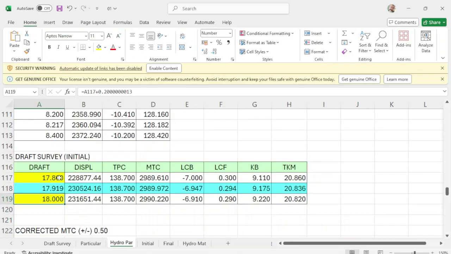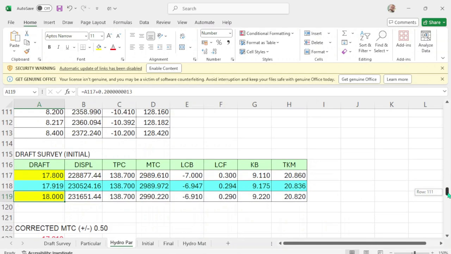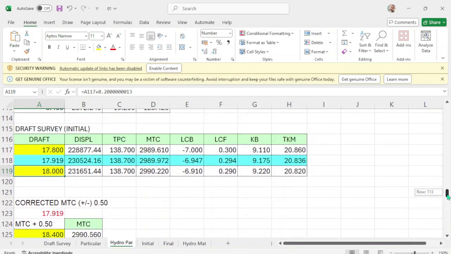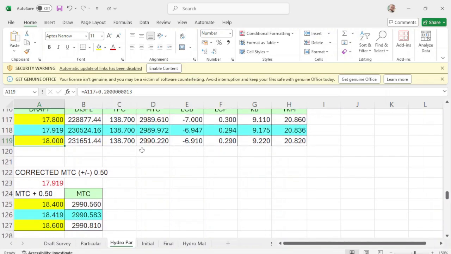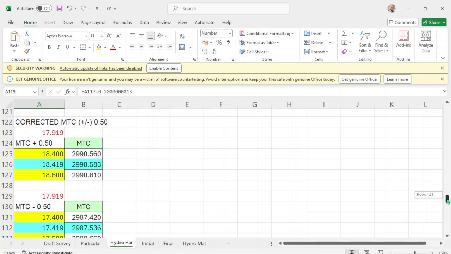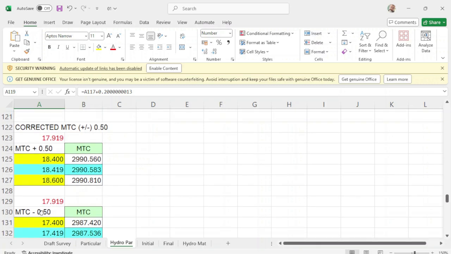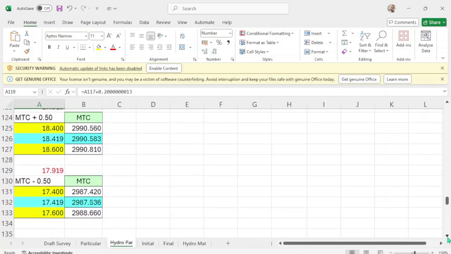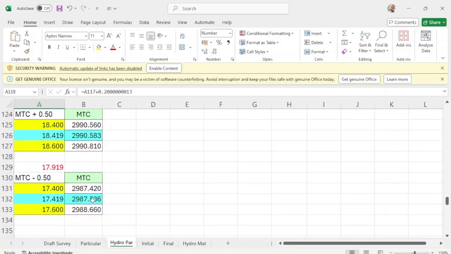In initial survey, you have this MTC. This draft, 17.919, which is this one. You add 0.50, that will be 18.419, and this is the value of MTC. And here, the draft of 17.919 minus 0.50, then the draft would be 17.419, and MTC is 2987.